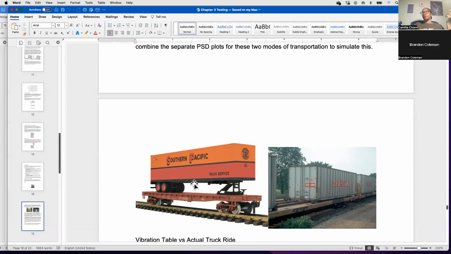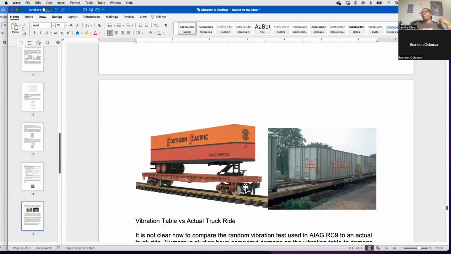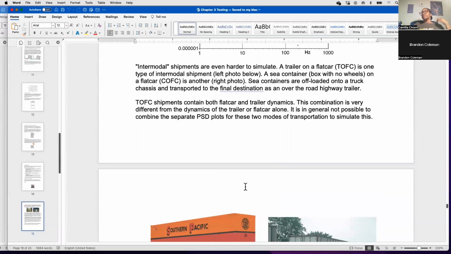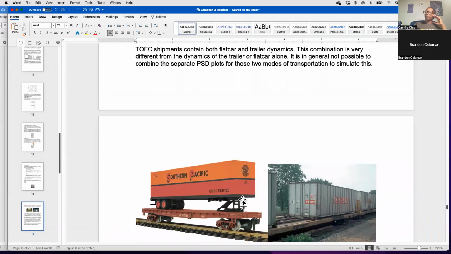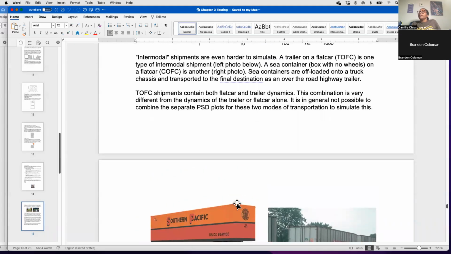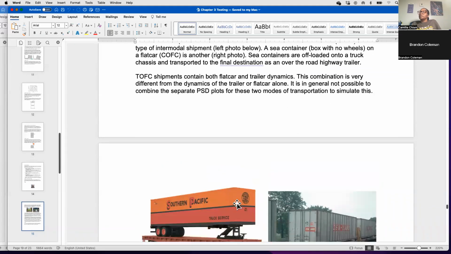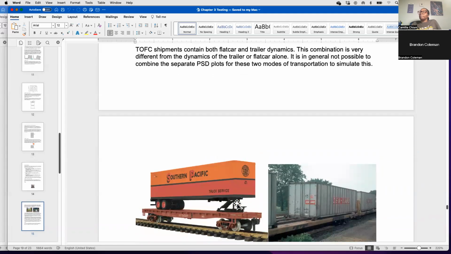This one still has the wheels, and once it gets here, it's going to get taken off and hitched to a truck. But the way that they perform on a rail line is different because you've got the shocks that are in place here for the truck already. So it's going to be a lot different.